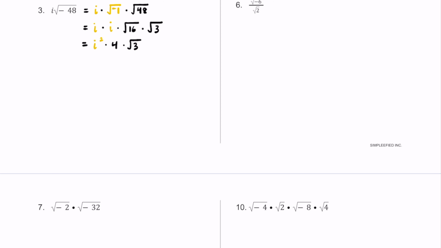Okay, now we can go ahead and take this i squared. Remember, i squared is equal to negative 1, so I have negative 1 times 4 times the square root of 3, and then negative 1 times 4 is equal to negative 4, so this simplifies down to negative 4 root 3. This would be our most simplified expression.